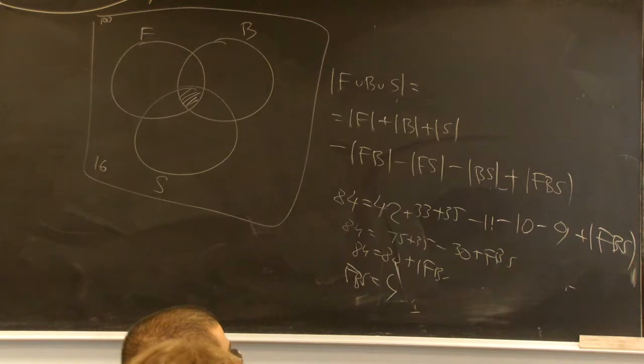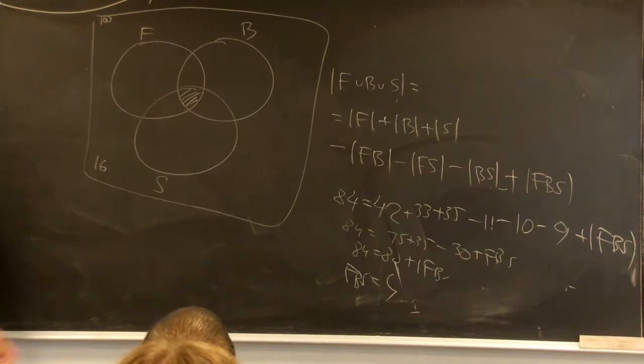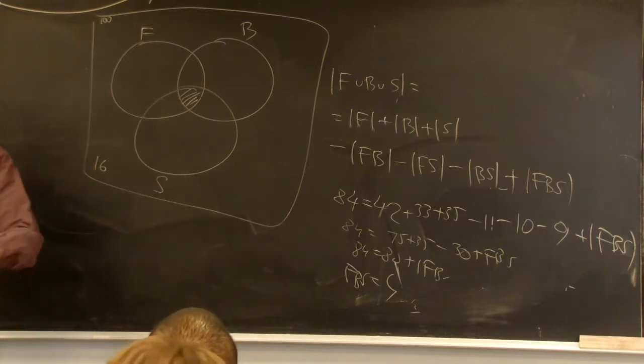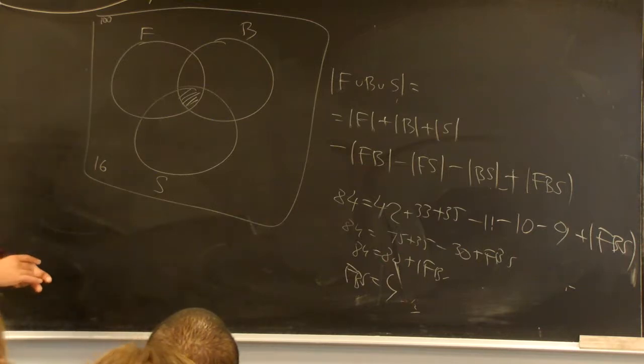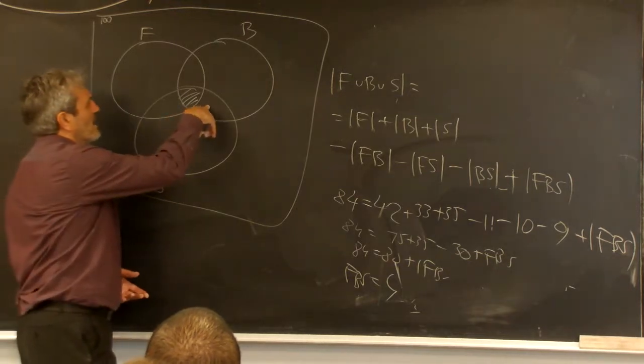How many students play only basketball? As I said, I first answered B because B is the crucial one. Then if I have that, everything is fairly easy. Basketball only. Who's here?